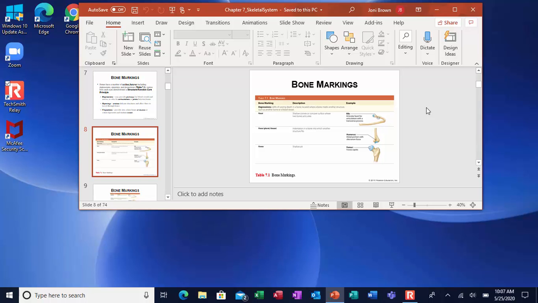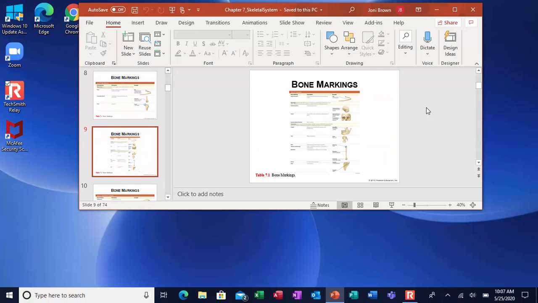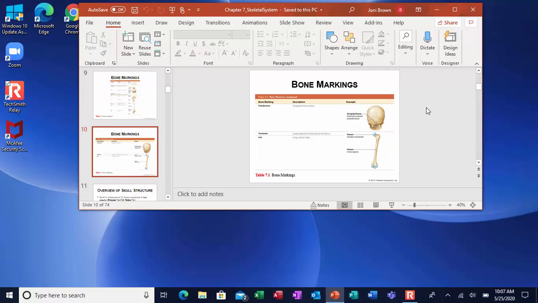And this is all the markings. It's Table 7.1 in your textbook. You can see the facet and the fovea and the fossa and others as you go through all these different markings. You need to familiarize yourself with those.